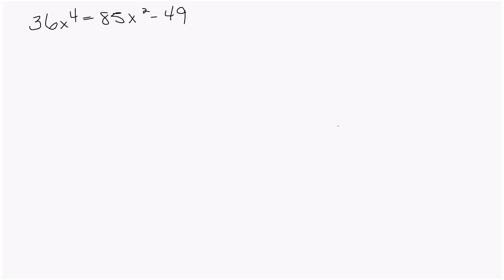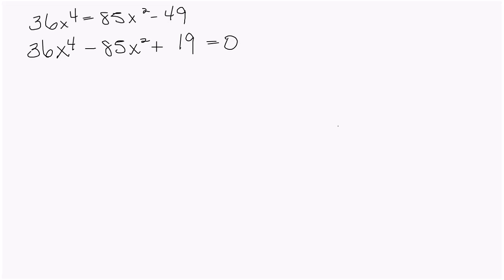This is a bit different because unlike the other one where it was x to the power of 4 plus just an x, if you were to rewrite it, 36x to the power of 4, I'm going to bring everything over to the left side, minus 85x squared plus 49 equals 0. If you look at this, even though it's not a quadratic because the highest degree is a 4, not a 2, it's in quadratic form.